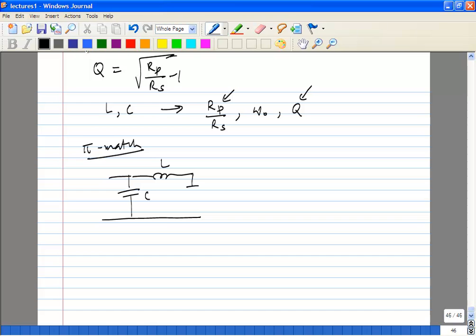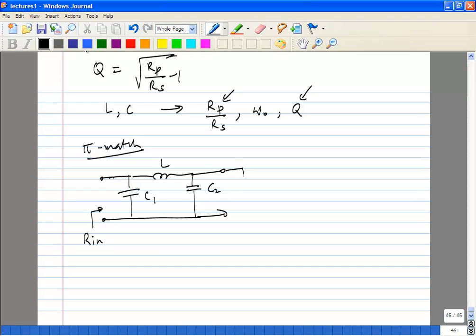Okay, so let's do it this way. It's called the C1 and C2. Now you can understand why it's called a pi match. You're basically adding one more component to make sure that you get a third degree of freedom, and you can set Q also. And obviously the shape itself suggests that it's a pi match.